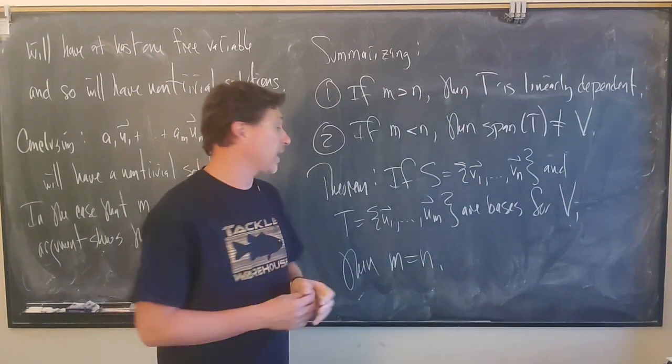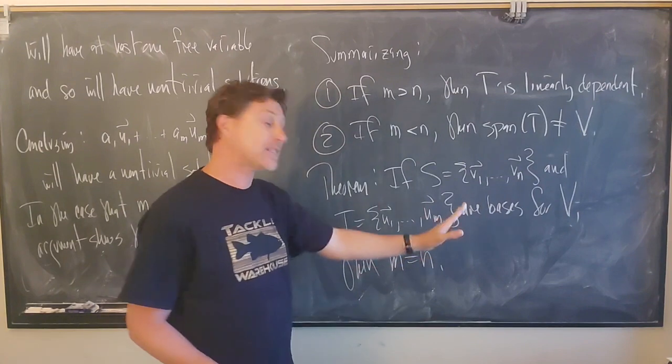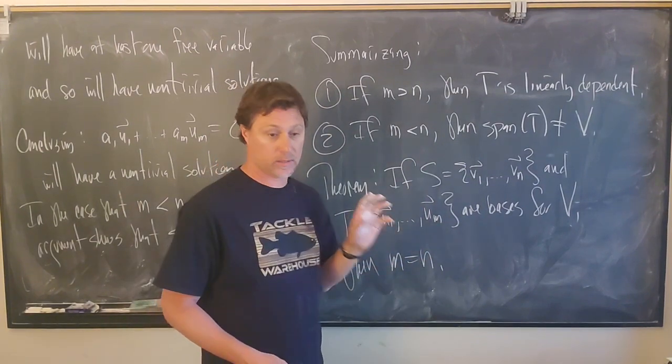So what this is saying is any two bases for the same vector space have to have exactly the same number of elements, the same number of vectors inside.